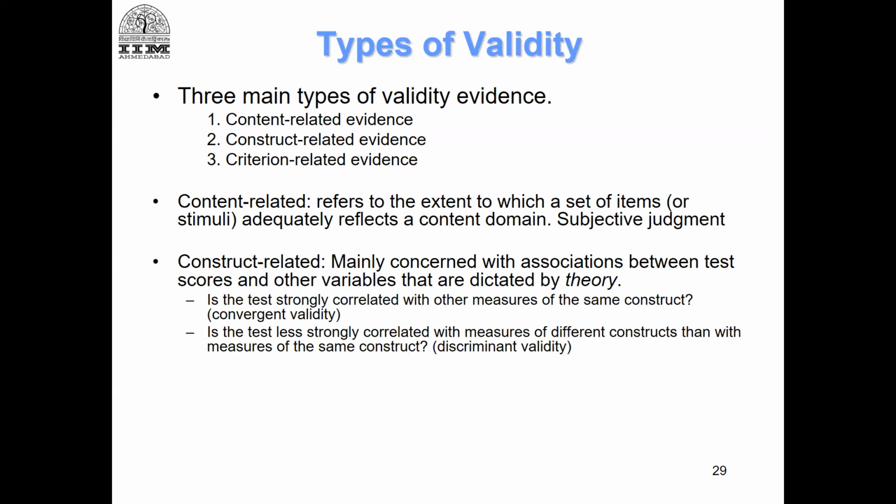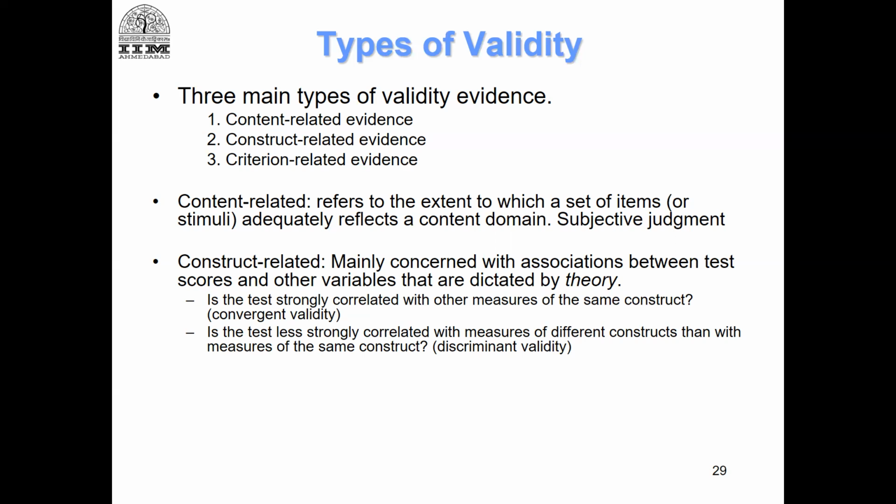Then once you have the item set ready, you now need to test it with constructs to which they are theoretically related. So we talk about convergent validity. Convergent validity is, one, you can test the measure that you have developed with some other similar measures of the construct.